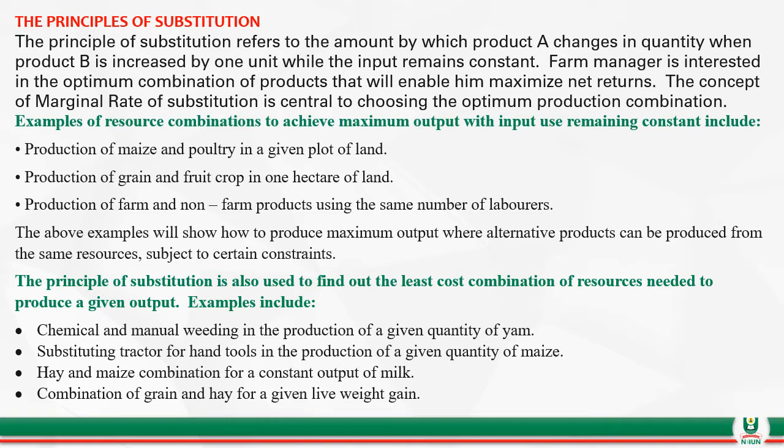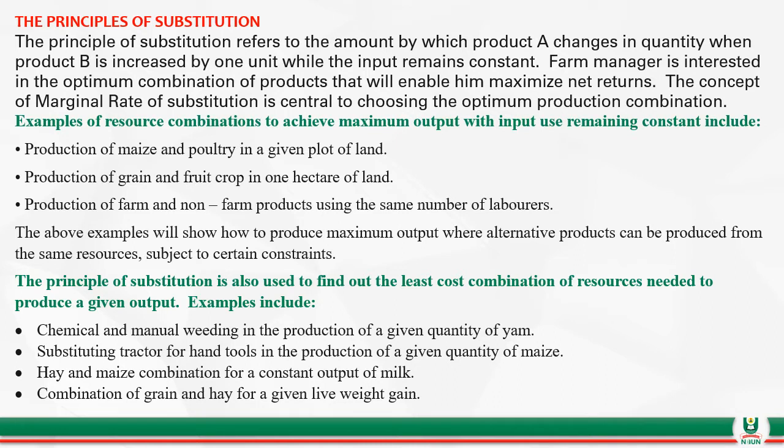You can see with this combination, the farmer will make maximum output. The examples also show how to produce minimum output where alternative products can be used for the same resources, subject to certain constraints.